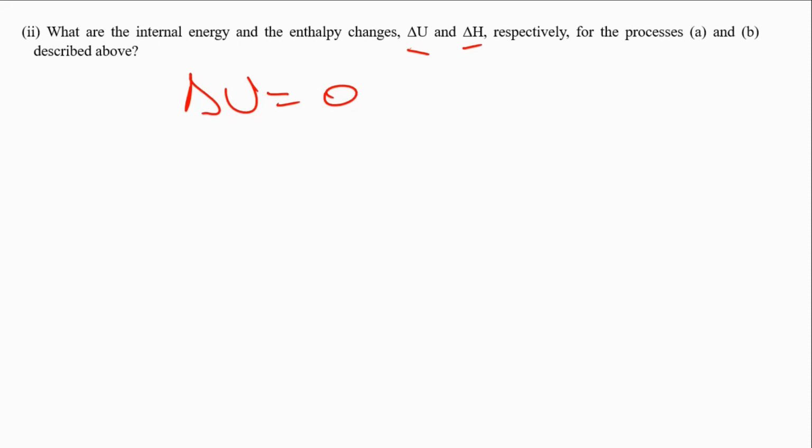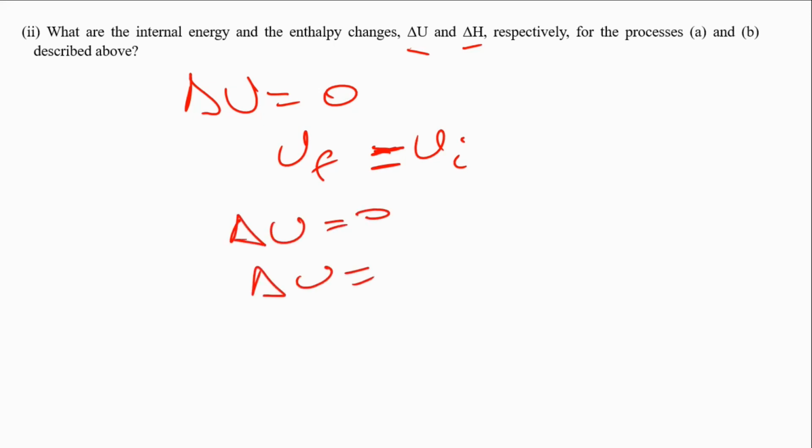Once you say isothermal, delta U is equal to zero, meaning that U final is equal to U initial. So if U final is equal to U initial, then clearly delta U must be equal to zero, seeing that delta U is equal to U final minus U initial. Okay, so that has been taken care of.